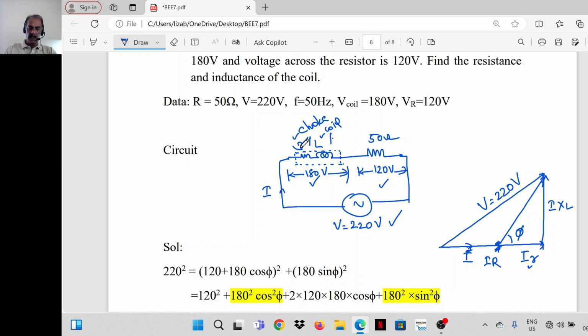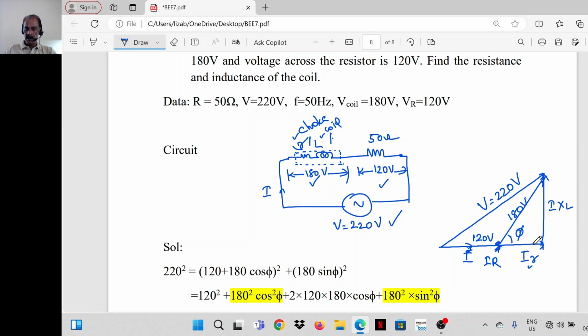This doesn't mean that these two are separate. r is the inherent resistance of the choke coil, but for the voltage drops, the phasor relationship is like this. Now it is given that the voltage across the 50 ohm resistor is 120 volts, so this is 120, and the voltage across the choke coil is 180, so this is 180.